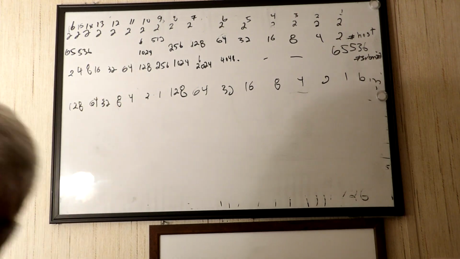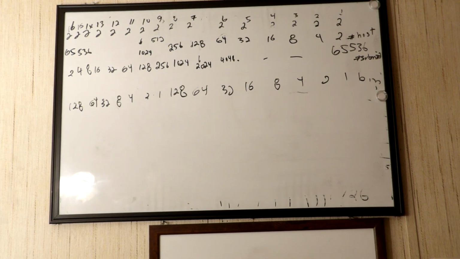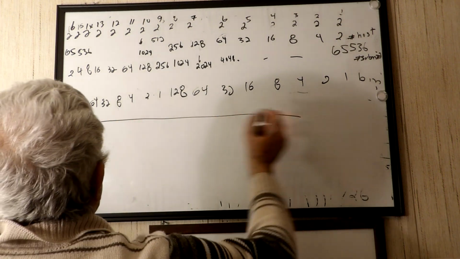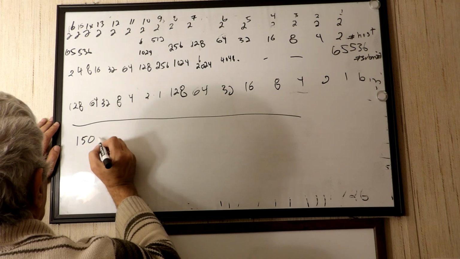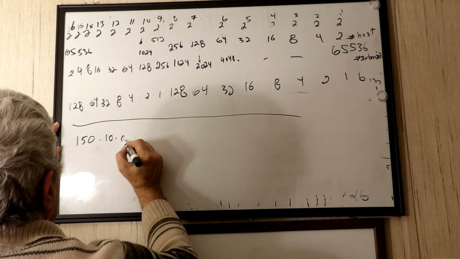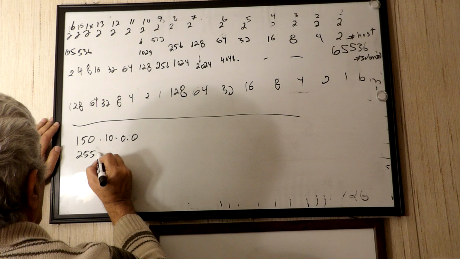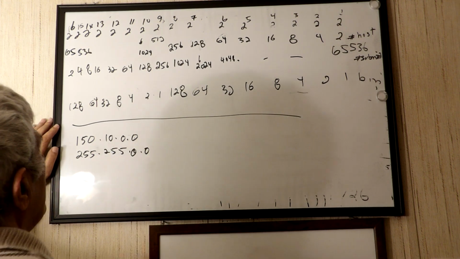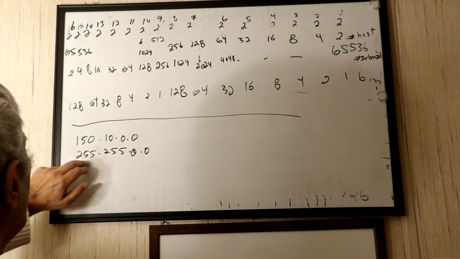I wrote this table because I want to explain to you that if there is a network address 150.10.12, this is the network address, 255 is the subnet mask, 0 0. See, the number of the hosts is going to be increasing now.